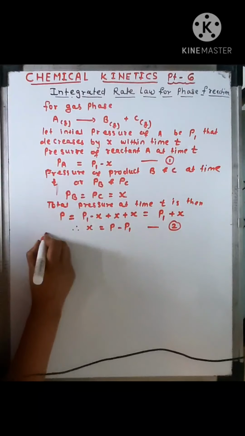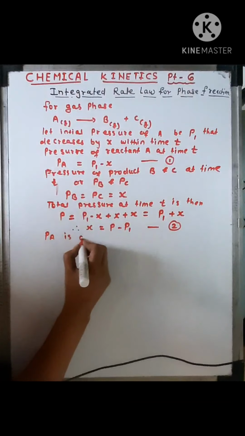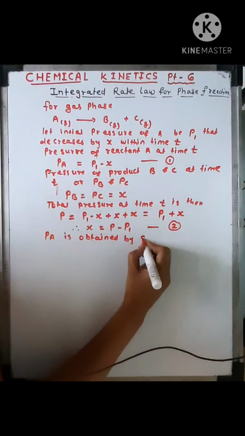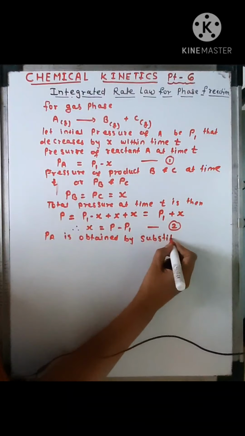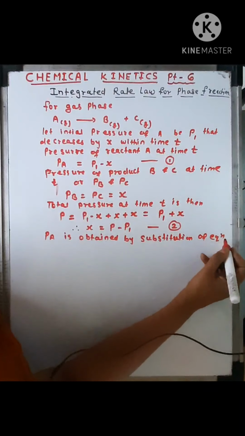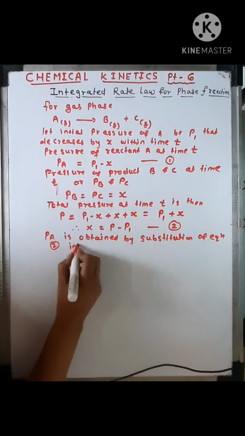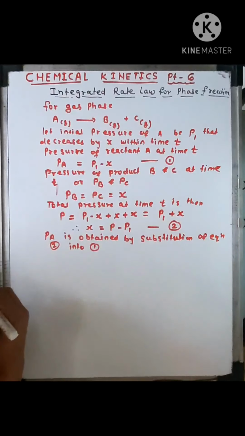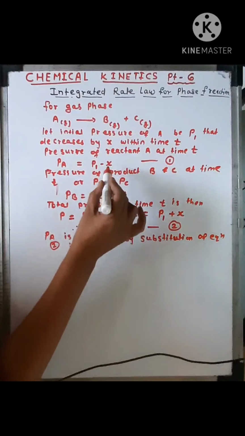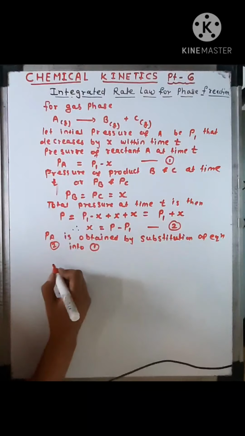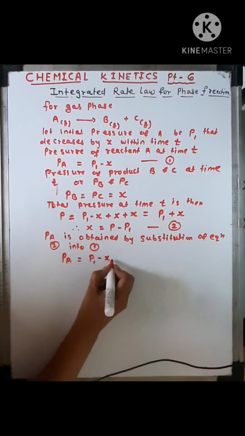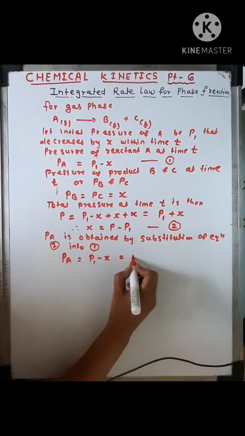PA is obtained by substitution of equation 2 into equation 1. Value of x is P minus P1. We should put this x in this. So PA is equal to P1 minus x, and value of x is P minus P1.